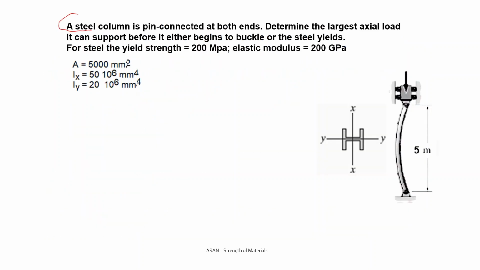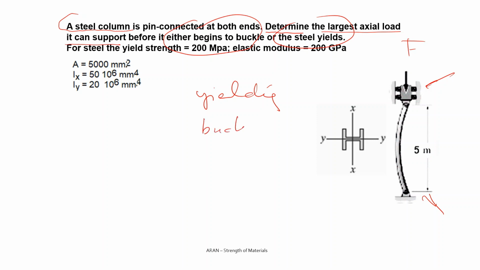Well, in this example, we have a steel column, which is pin connected at both ends. It is asked to determine the largest axial load it can support before it either begins to buckle or the steel yields. So the question wants us to examine, due to this compressive force, whether yielding will begin first or buckling occurs before yielding.